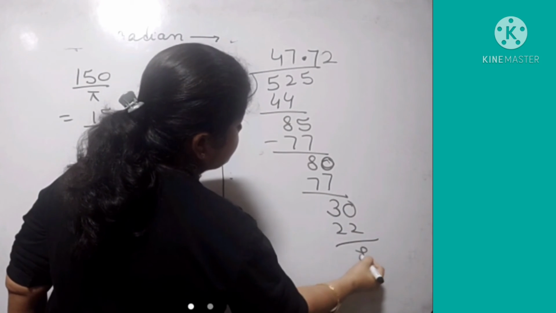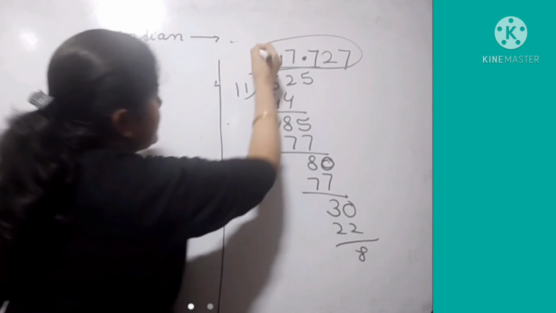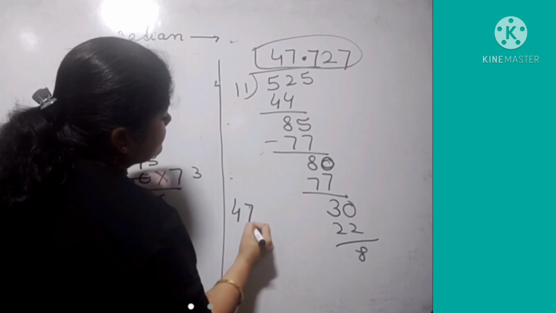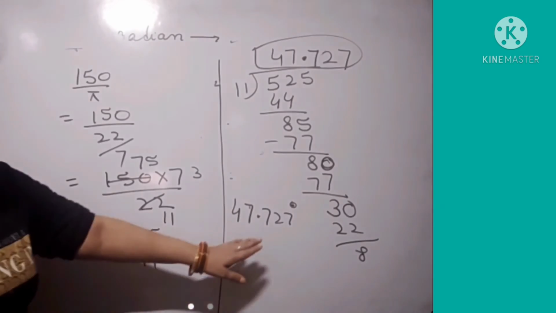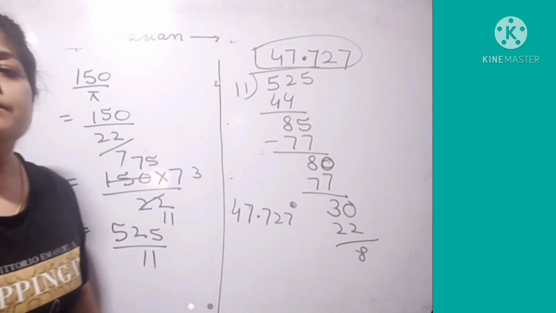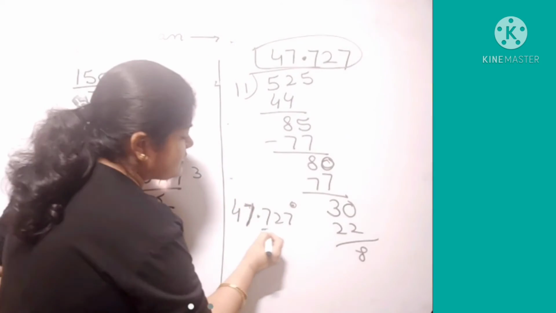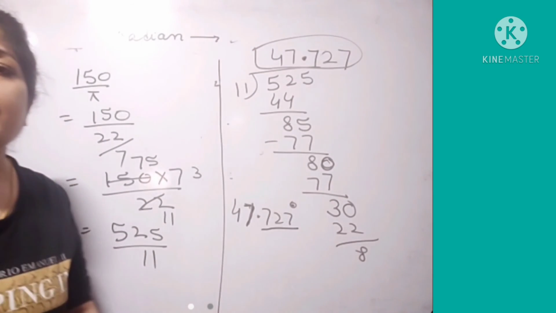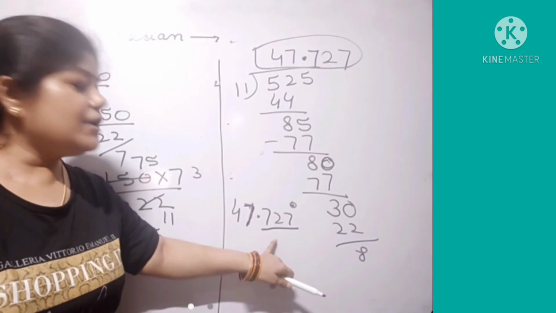Then again 8, then 7. So in this way we got 47.727 degree. But this is not the proper answer, because after the point it is 72, and minutes must be less than 60. So be careful here.